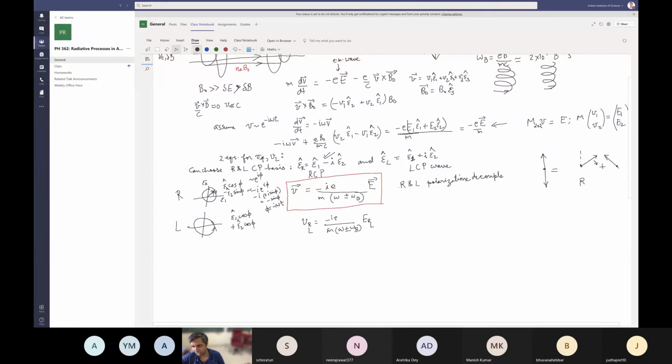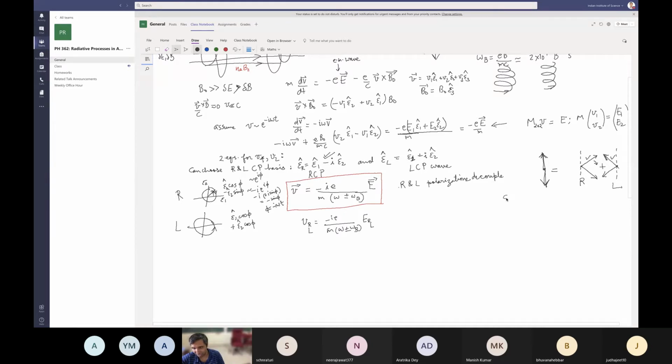So this is like the unit vector. This is the unit vector in the R basis, and this is the unit vector in the L basis, and this rotates in time like this, and this rotates in time like this. So when you add this and this, you get polarization in this direction. And even when you add this and this, you get polarization in this direction. So at all times, these R and L add up to give this linearly polarized light.